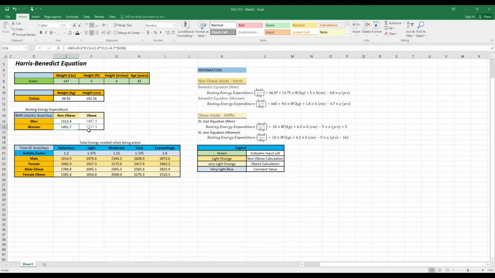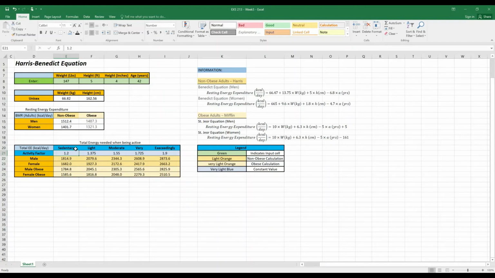So to do that, they have provided an activity factor, which I have provided columns that will calculate all the different activity levels.